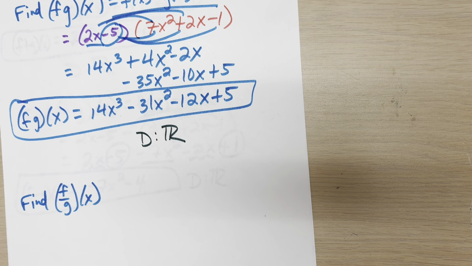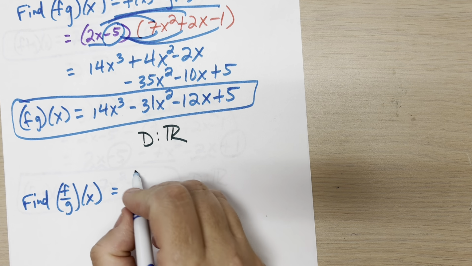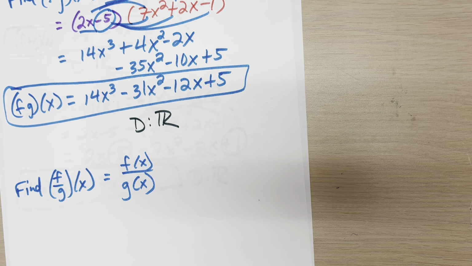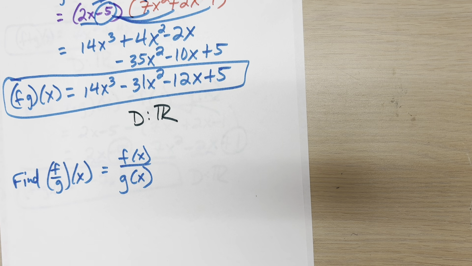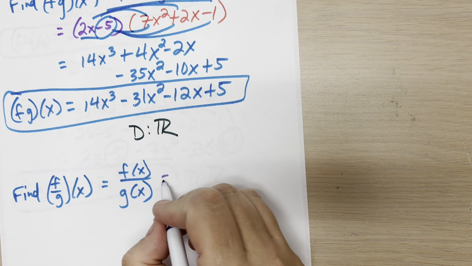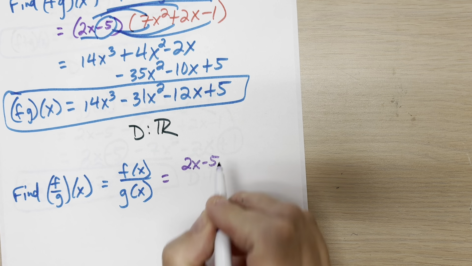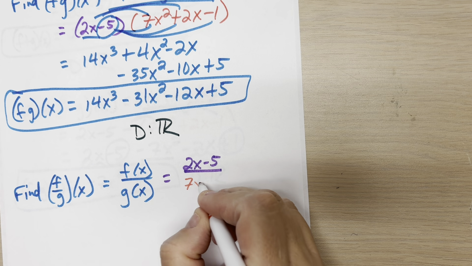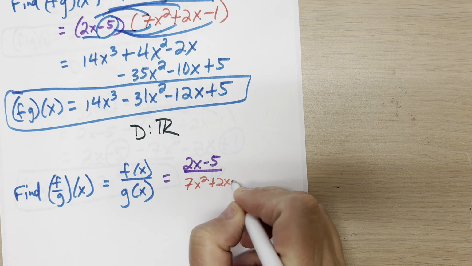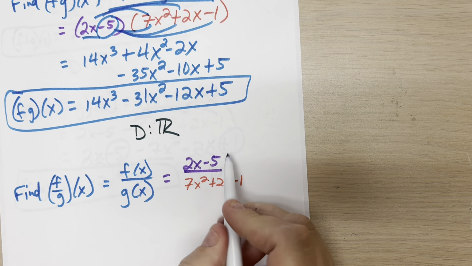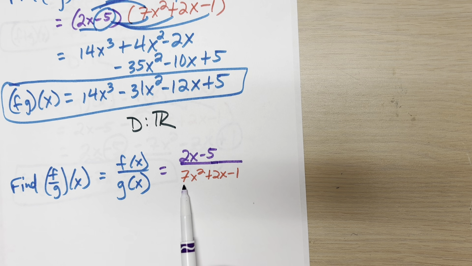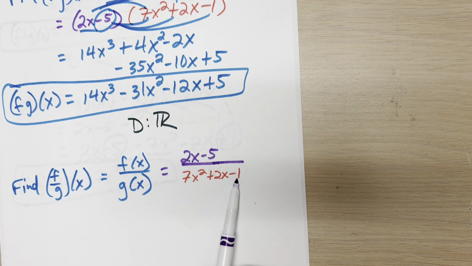Moving on to the quotient. In this one, we're going to take f of x divided by g of x. And then we're going to see what kind of domain restrictions we end up with this time. So we have 2x minus 5 over 7x squared plus 2x minus 1.